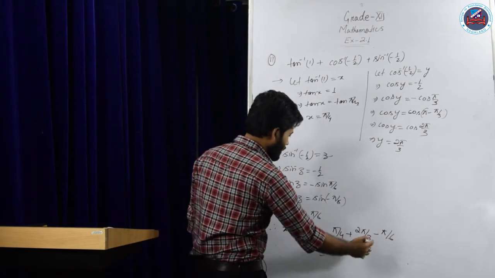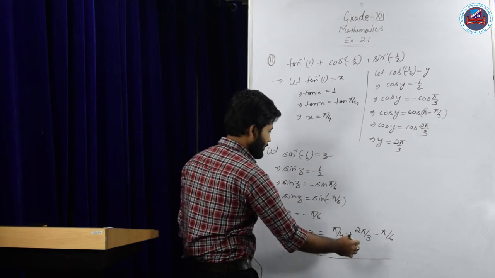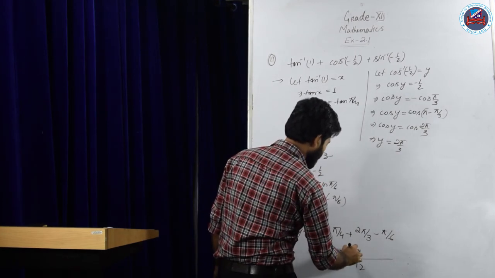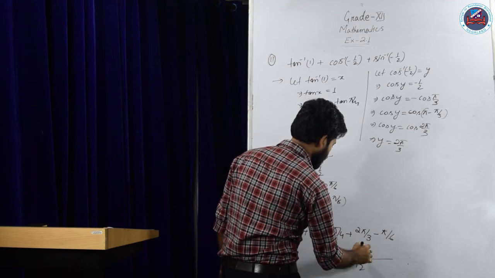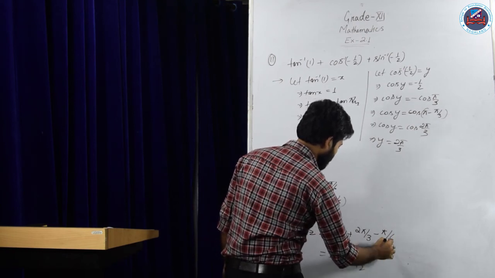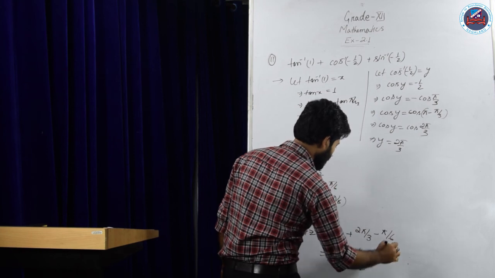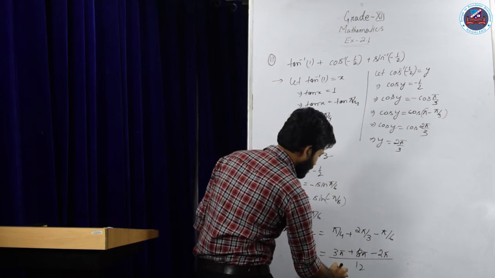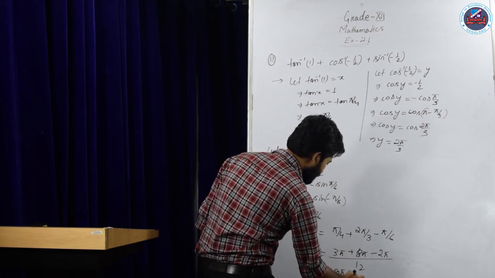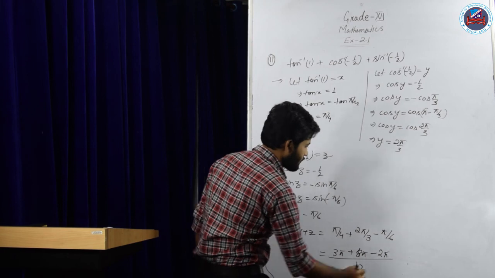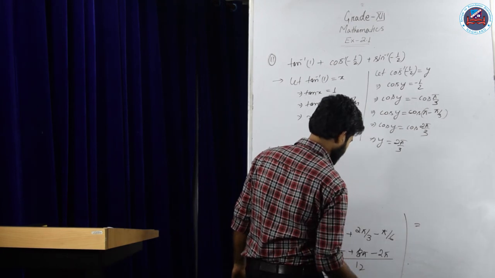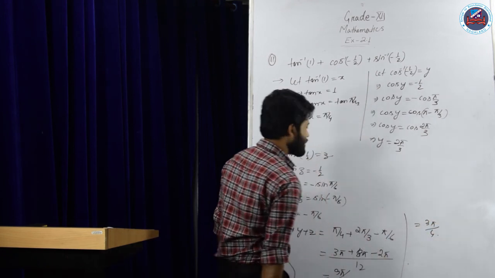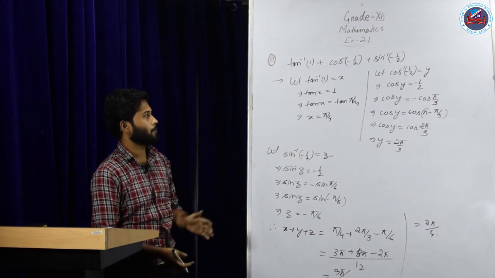If I take the LCM, it will be 12, so it will be 3 pi plus 8 pi minus 2 pi. And that is equal to 9 pi by 12, and that would give us 3 pi by 4. So that is the principal value for this problem.